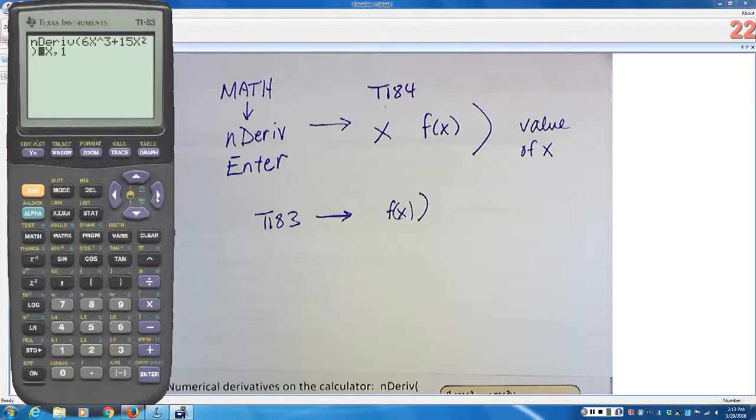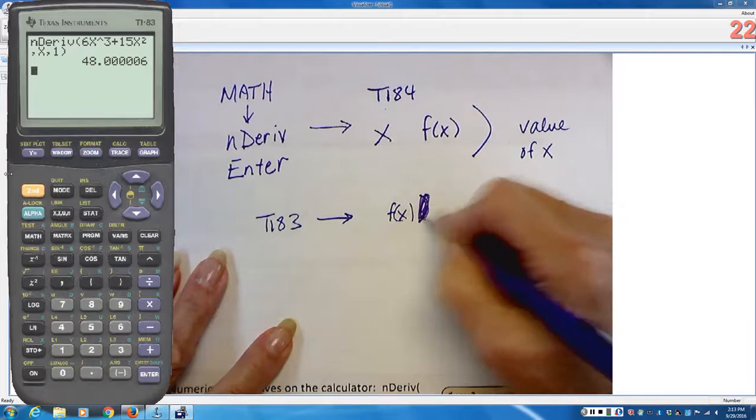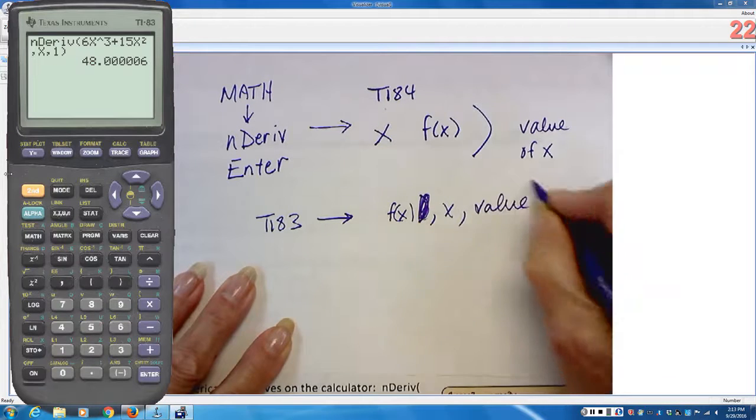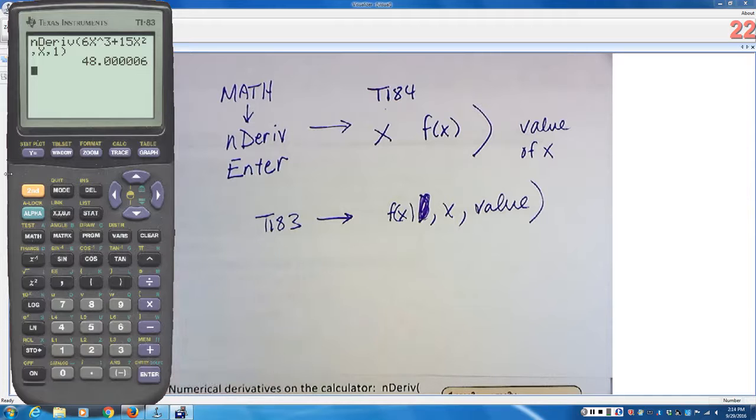Oh, I know why, the parentheses belong at the end on the 84. Okay, so you're going to put in f of X, and then X, and then the value, and then close the parentheses. But you'll get the same answer both ways. Okay?